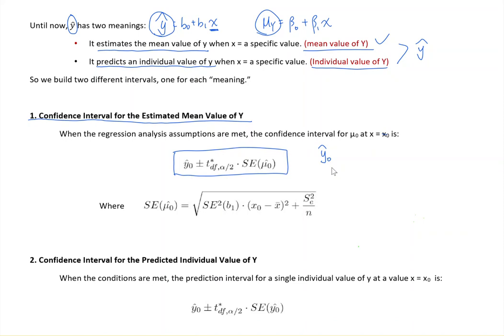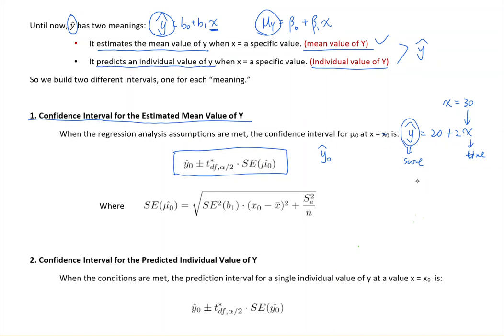For example, in our study time and exam score example, we have Y hat equals 20 plus 2x. X is the study time, and Y hat is the exam score. Now if I give you x equal to 30, then you can make the prediction by plugging the x value into this regression to get Y hat.